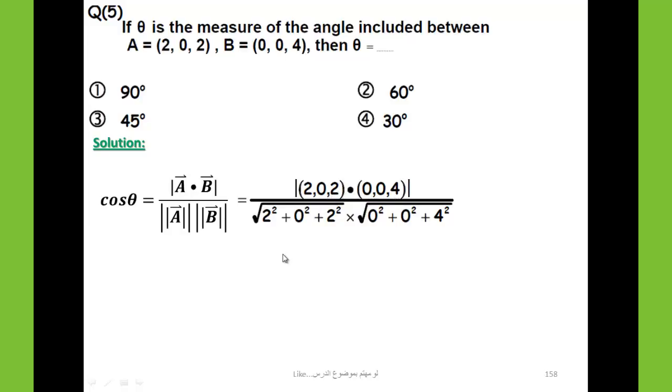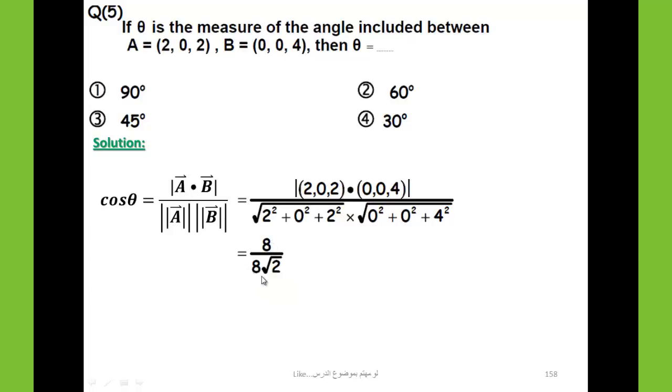(2, 0, 2) dot (0, 0, 4) over the square root of 2 squared plus 0 squared plus 2 squared, multiplied by the square root of 0 squared plus 0 squared plus 4 squared, which equals 8 over 8 root 2.